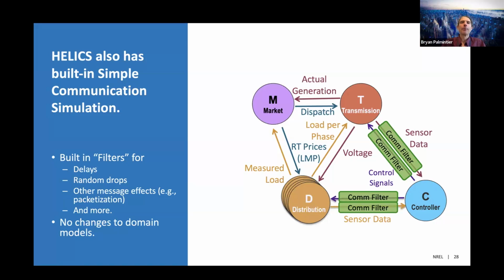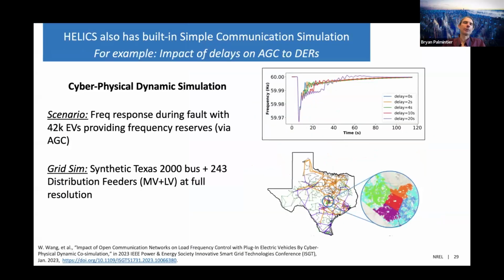Here's an example of where we use some of the COM filters built into Helix to look at how communication delays can impact the response of DERs. So in this case, we have a large number, 42,000 electric vehicles providing frequency reserve.